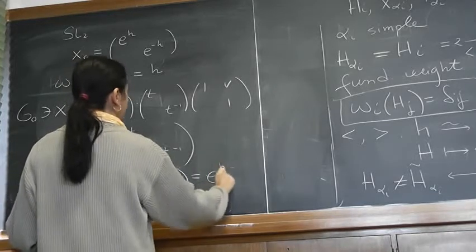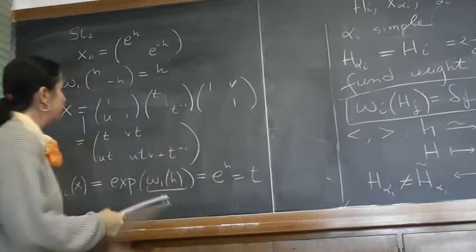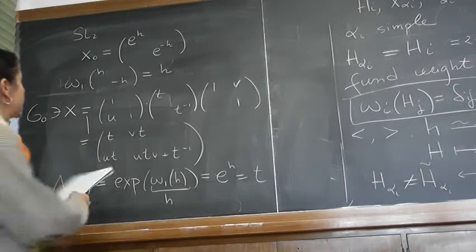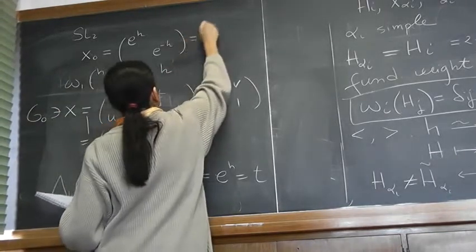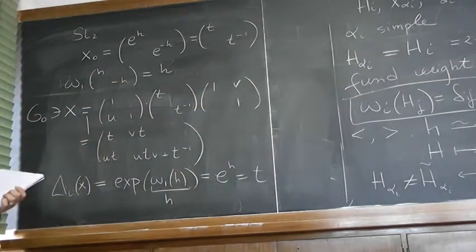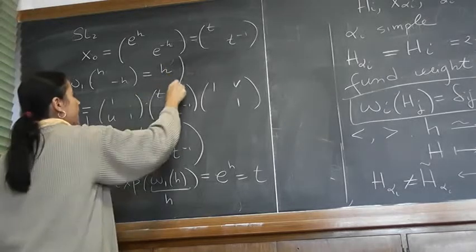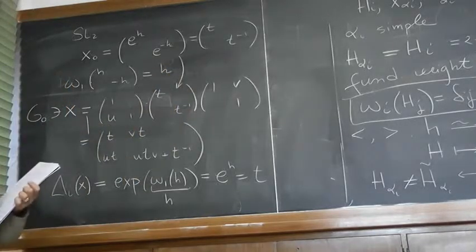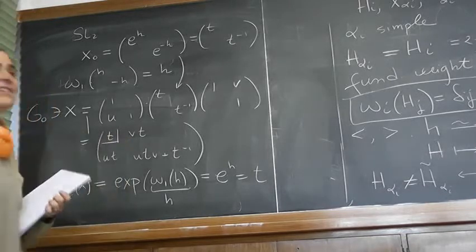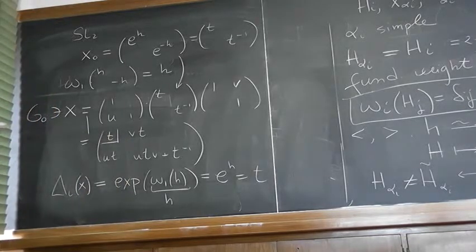This is e to the h, which is t. So this is x0, right? This is my x0. So we're very happy. This is the principal 1, 1 minor. So this was the silly case.